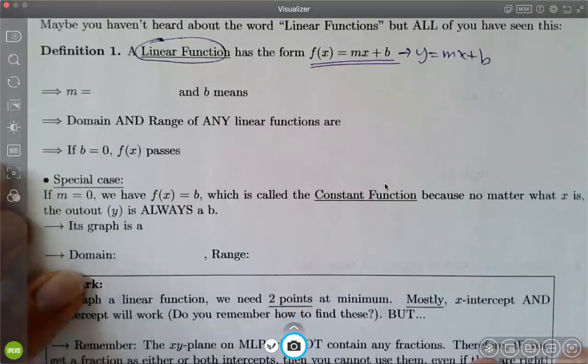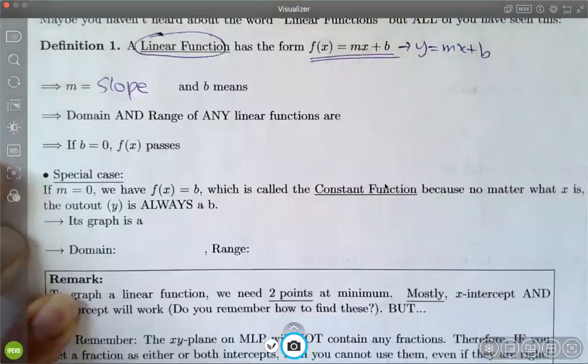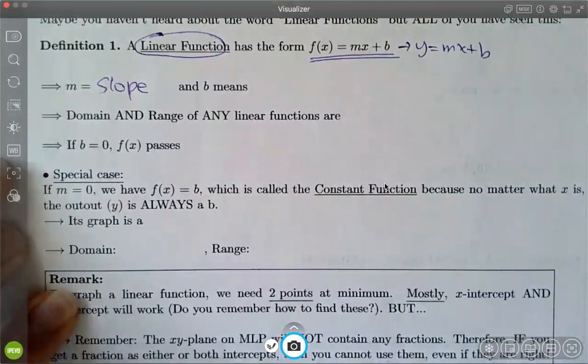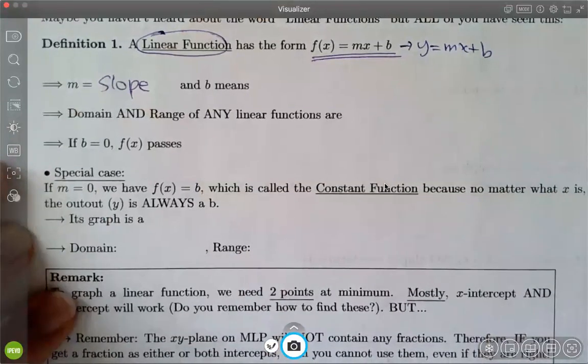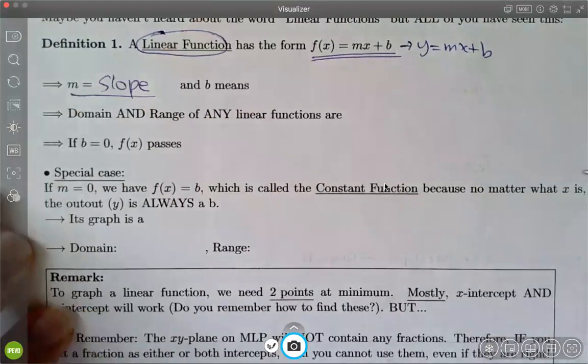Now the m means the slope, right? And what does b represent? Hopefully you remember this from your previous math class. It's an intercept, isn't it? What kind of intercept? x or y?